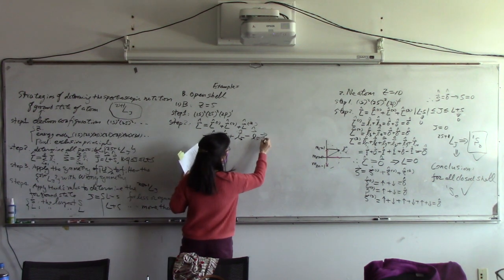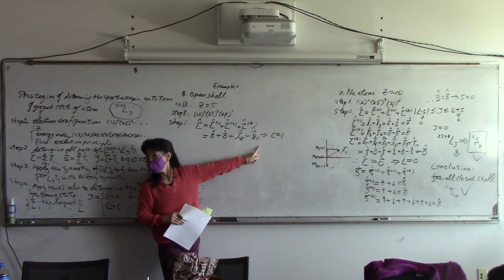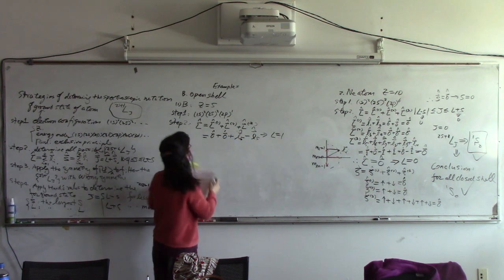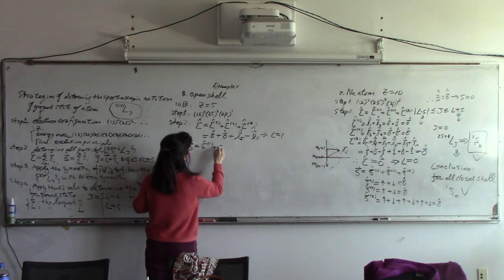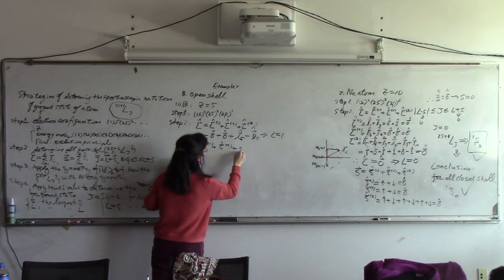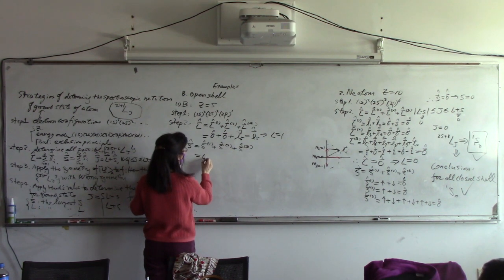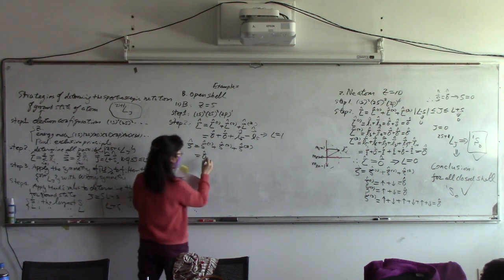From here, we immediately get L equal to 1, because there is only one electron and the lower L is 1, right? So it's a P. Similar thing for S. The 1s shell is up and down, cancel.